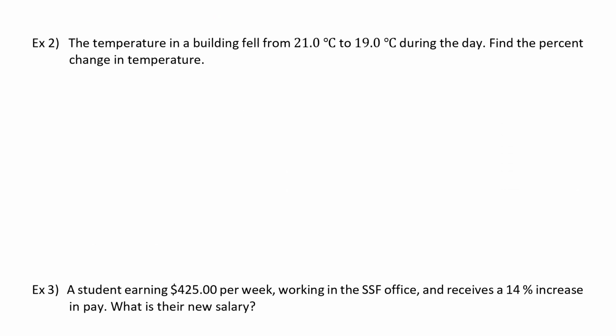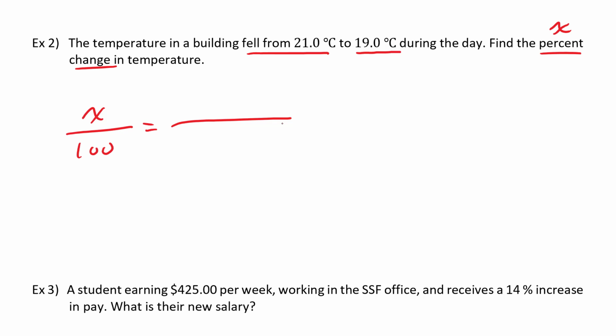Let's look at another example. The temperature in a building fell from 21 degrees Celsius to 19 degrees Celsius. Find the percent change. We'll call this our unknown x. X over 100 equals, this is my original, this is my new. 19.0 minus 21.0 divided by 21.0.